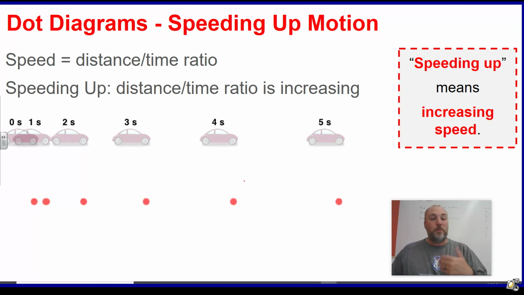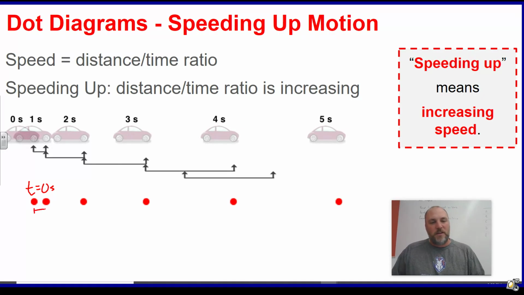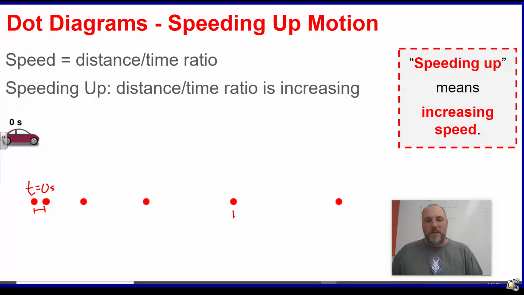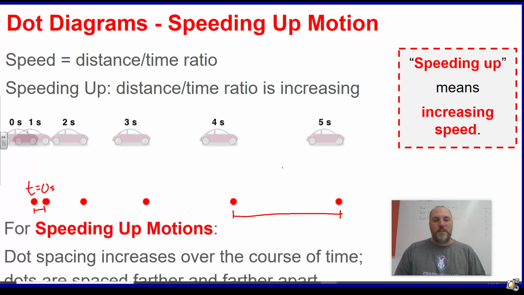So my position of the object is going to keep getting spaced out a little bit. And again, I'll represent the direction that it's traveling by saying this is where it started. At t equals 0, it had not traveled a very large distance to get 1 second, but then later on, it's traveling much faster because in 1 second, it's able to go a much larger distance. So we see the distance between dots is increasing.